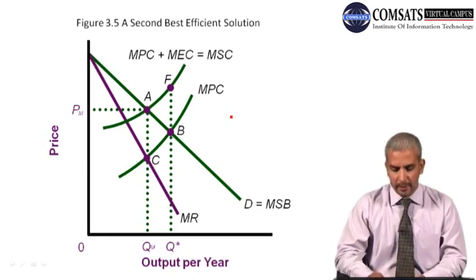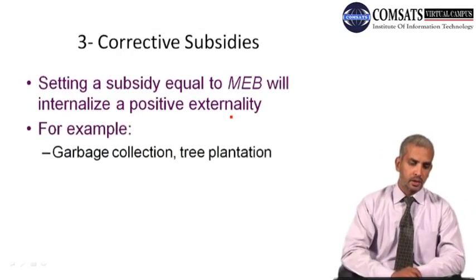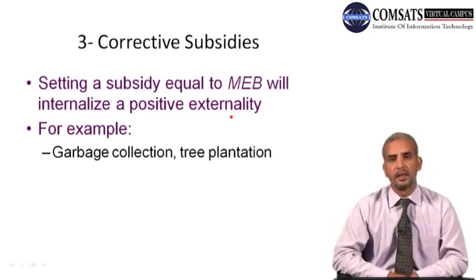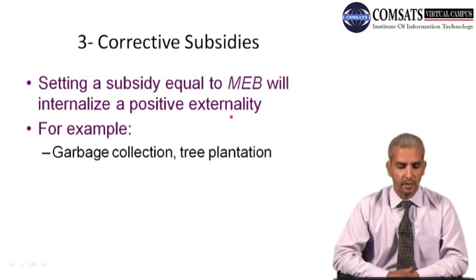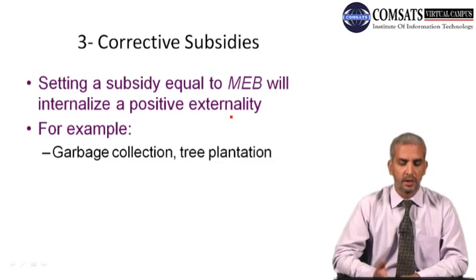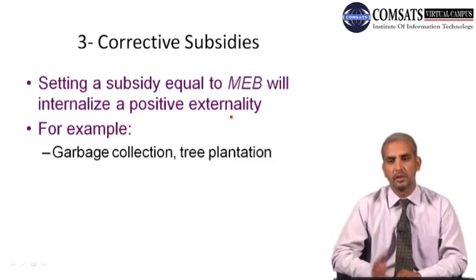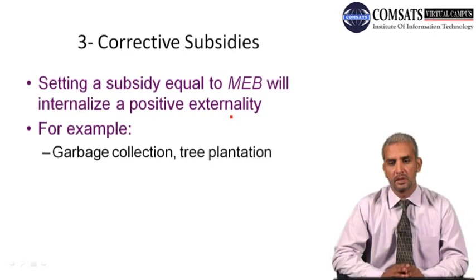Now, after having a discussion on taxes as correcting for externality, and then a case of choosing the second best option, a choice where there was a dilemma, like a monopoly causing inefficiency was also producing a negative externality, and the two effects would balance out each other.